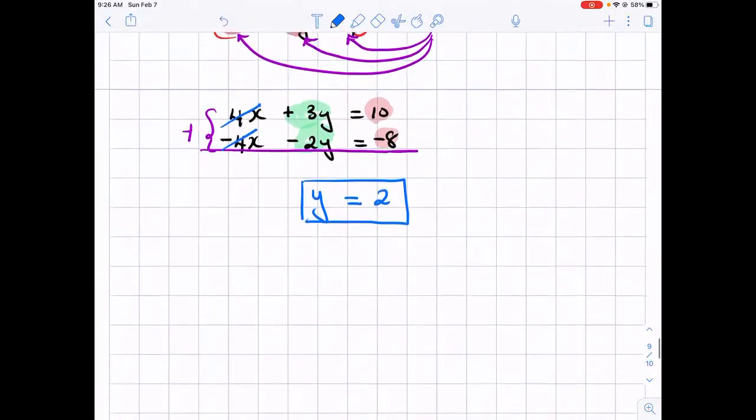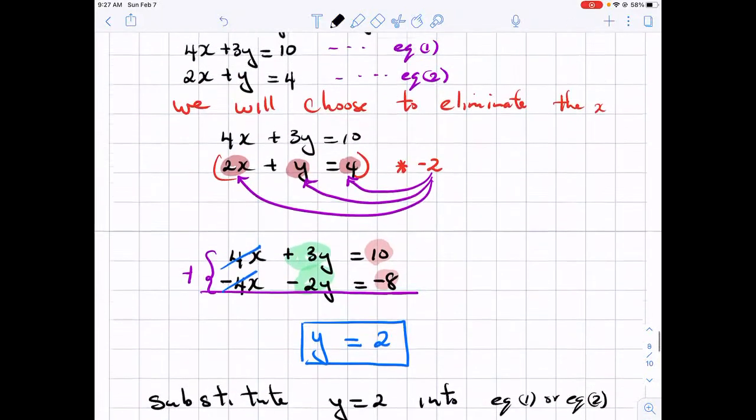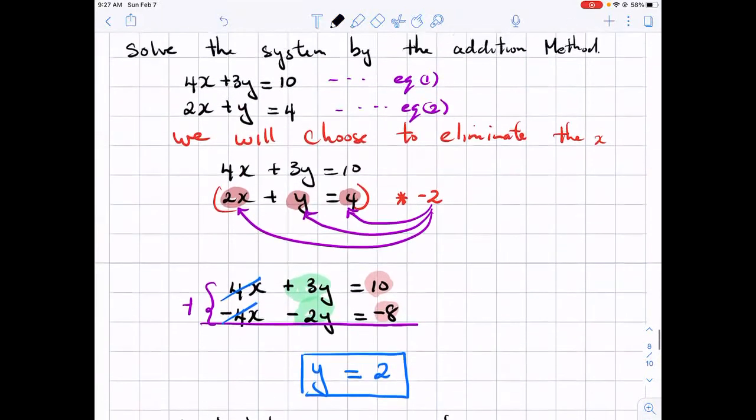My next step will be to substitute y equals 2 into equation 1 or equation 2, your decision. You will have to pick one of the two equations.